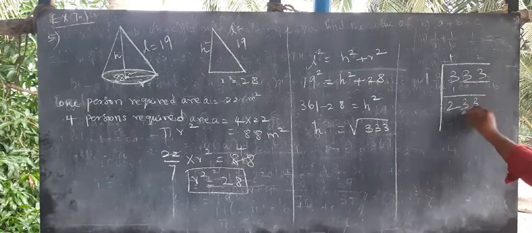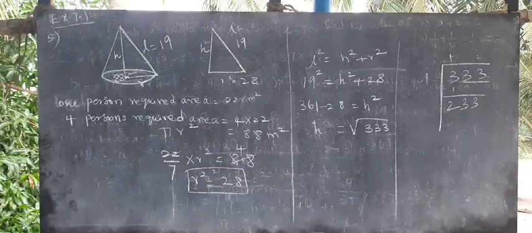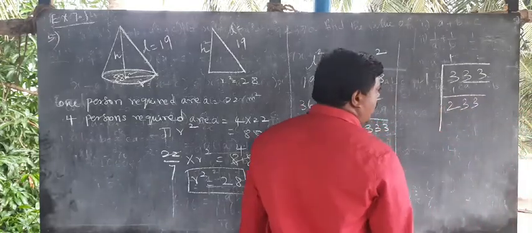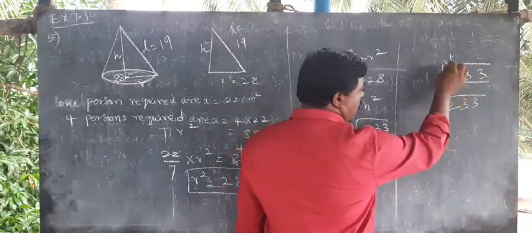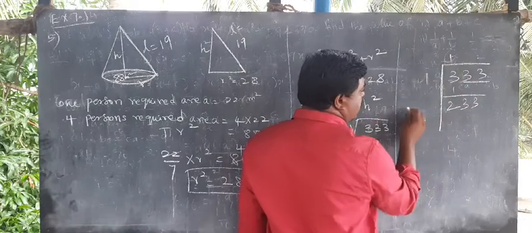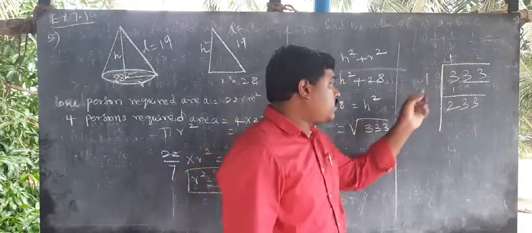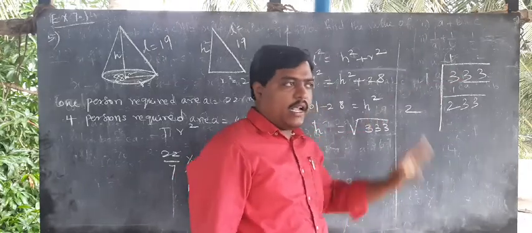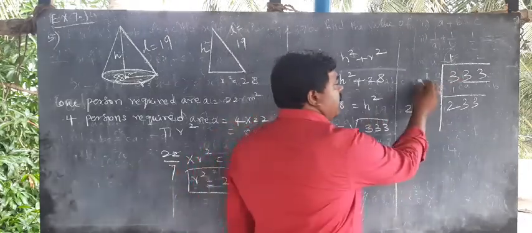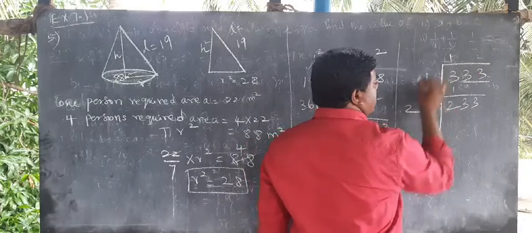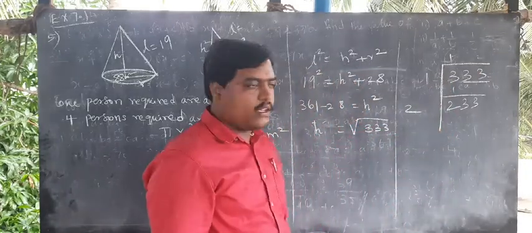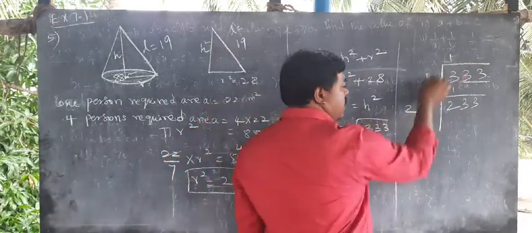These two numbers we need to write here, so now 233. Then here 1 means here we need to put 2. Always double. Here 1 means 2, 2 means 4, like that we have to put, and also here you are putting 1 means here also you need to put 1. Clear? So here 1 means here 2.